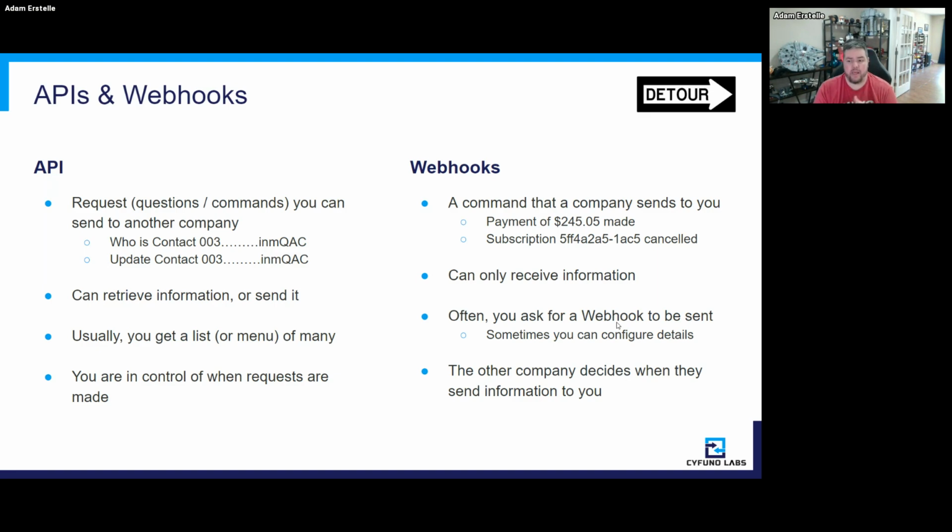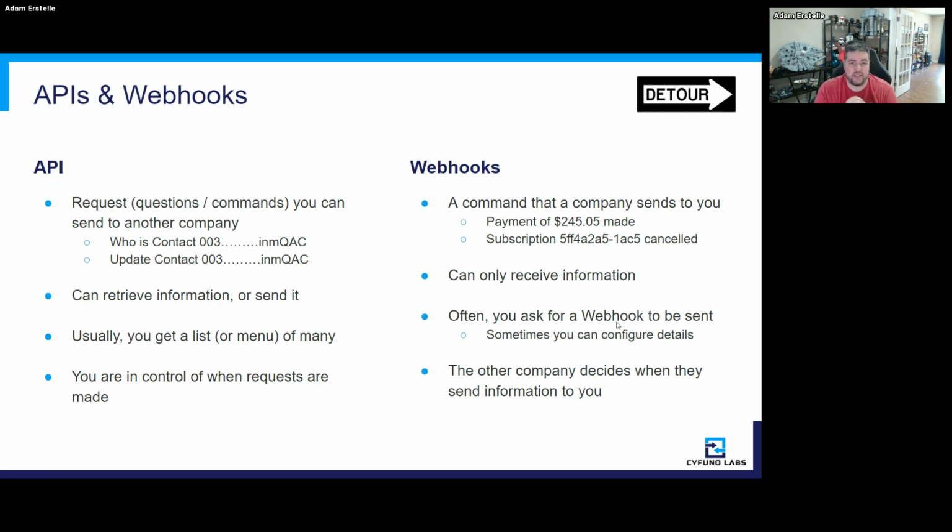Now, with a lot of APIs, you can get a list or a menu of many commands that you can issue. For the Salesforce example, I can get a list of what objects I can work with. I can get a list of what settings I might be able to change. It allows you to sometimes self-discover what the API has available to you.